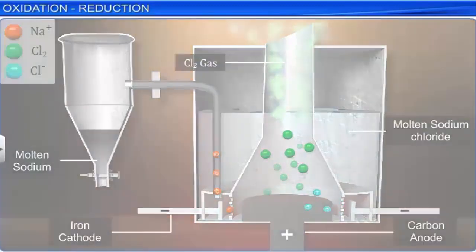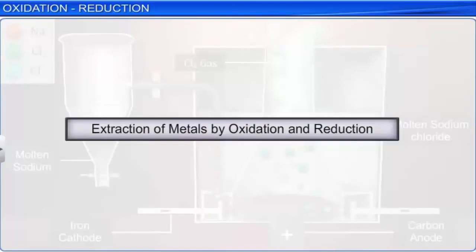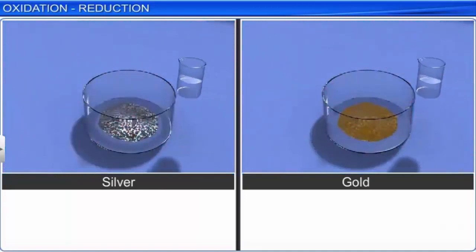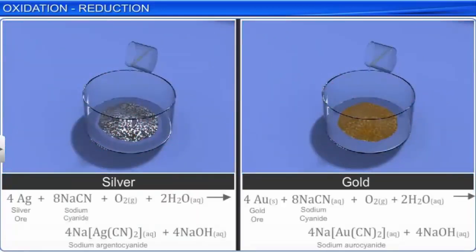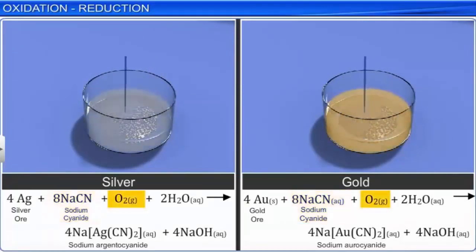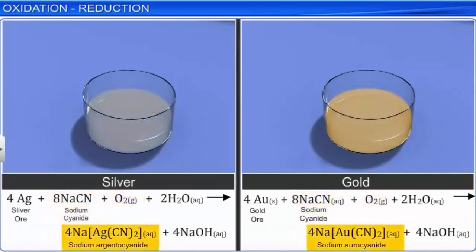Let us now see how metals are extracted by both oxidation and reduction. You have already studied that gold and silver are extracted by leaching their ores with cyanide ions. During the leaching process, silver and gold are treated with sodium or potassium cyanide in the presence of air to form the respective soluble complexes.